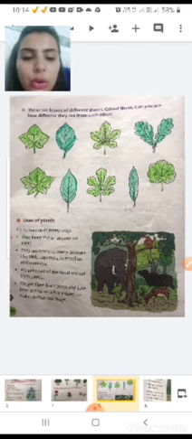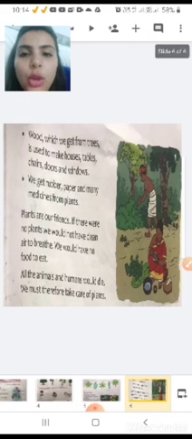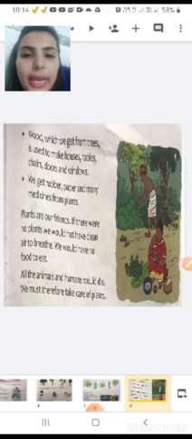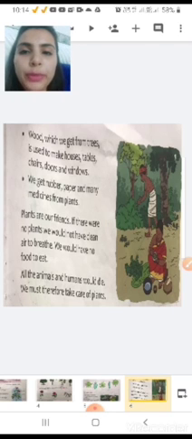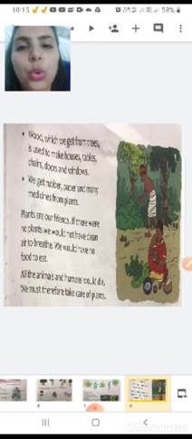Okay, now next is wood, which we get from trees, is used to make houses, tables, chairs, doors, and windows. Next, we get rubber, paper, and many medicines from the plants. Basically, wood which we get from the plants is used to make different kinds of furniture like tables, chairs, doors, windows.